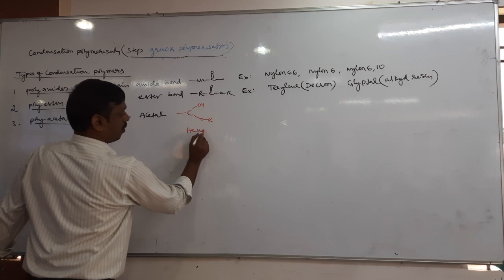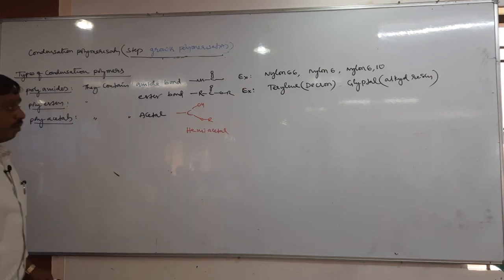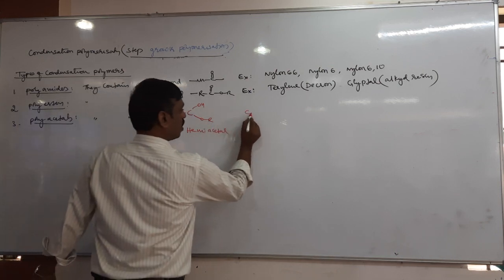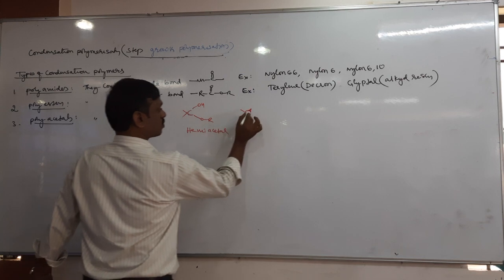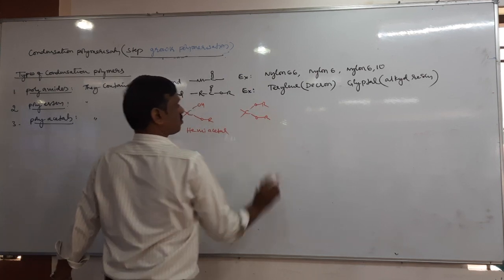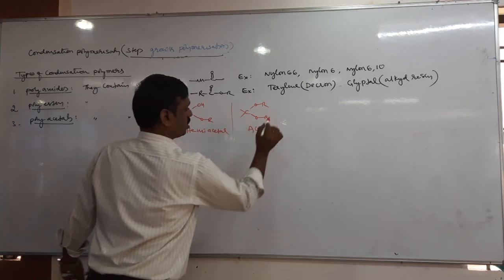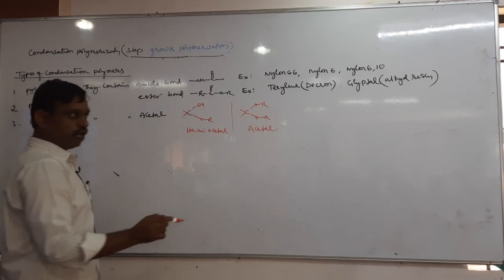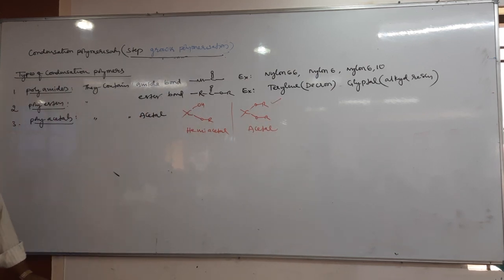This is hemiacetal, right? But what about acetal? Acetal contains two ether bonds, right? It is acetal. Therefore, polyacetals contain this acetal bond.